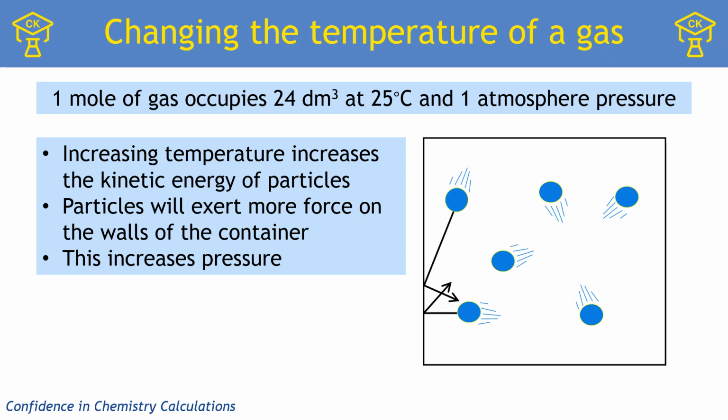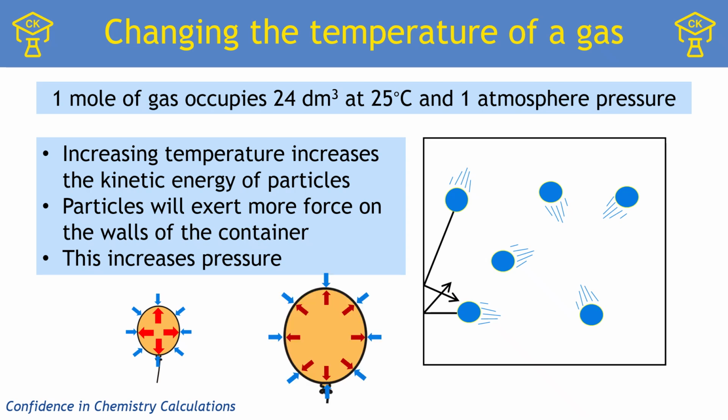However, if you have a container which can expand, such as a balloon or a syringe, then it will do that as you increase the temperature. That's because the pressure inside will suddenly be greater than the air pressure acting on the balloon or the syringe outside. And so the volume of that container will increase until you get to the same pressure.